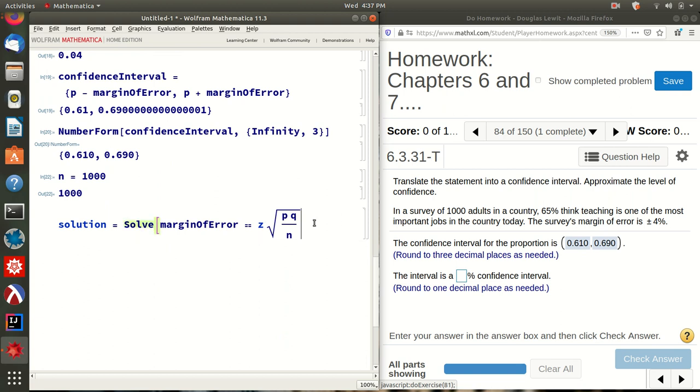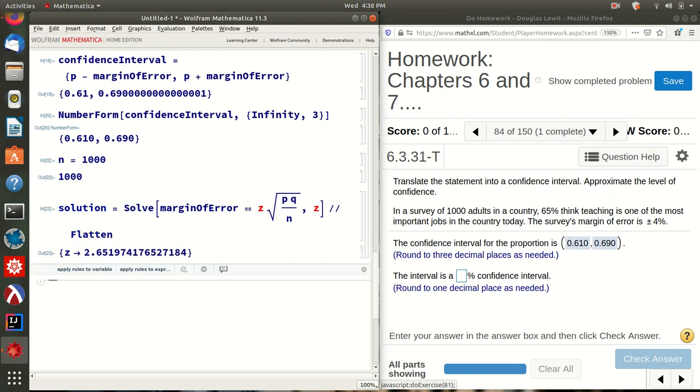Oops. Here we go. I'm looking for Z. Flatten. Okay, Z is about 2.65. 2.652, something like that. Okay, so then the rest is easy.